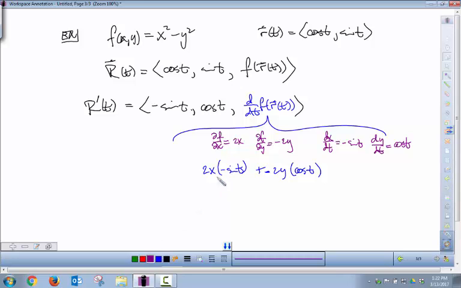But since we want our function to be eventually a function of t, we'll use the original x and y to replace the x's and y's that we have here. So 2, and x was cosine t. And then minus 2, and then y is equal to sine t. And then the rest of them would follow.